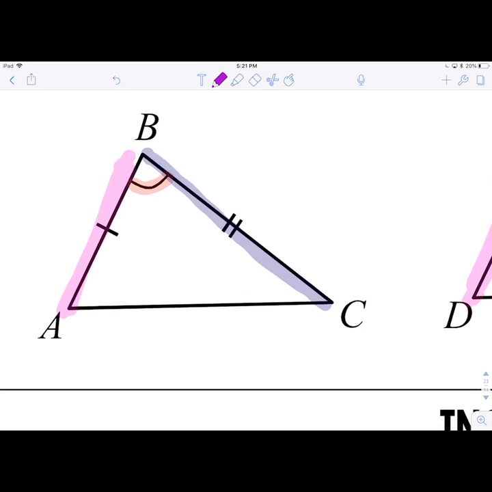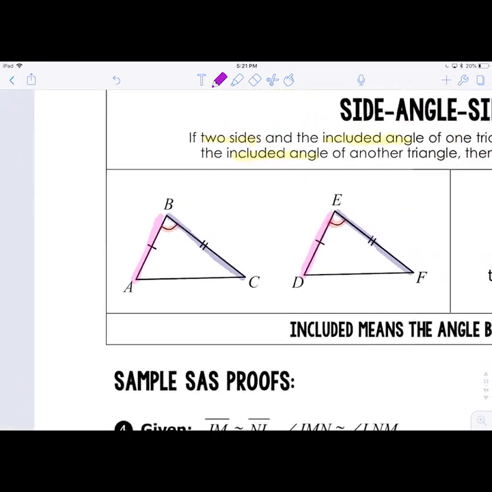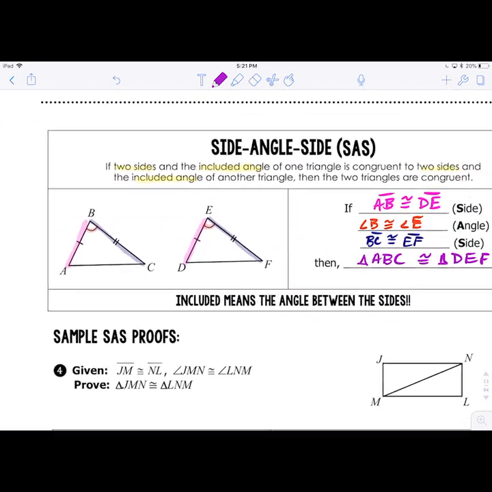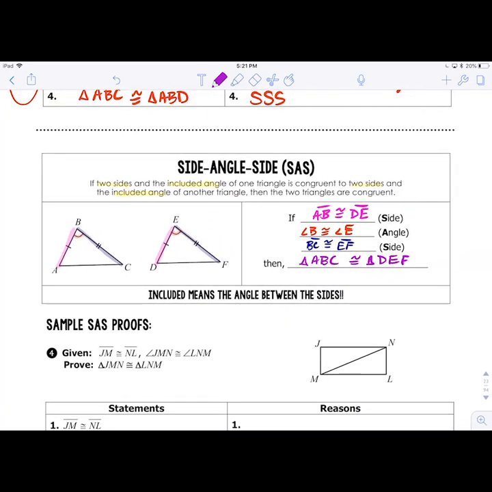So when we do SAS, we have to be very conscious that the two sides that are congruent on one triangle to another triangle, the angle between them must be congruent to the other triangle.